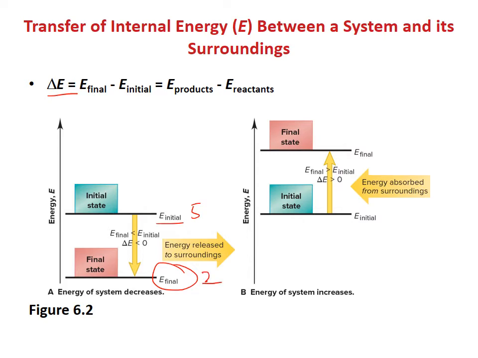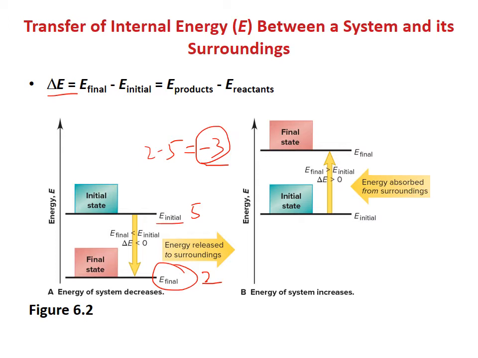When you use 2 minus 5, that gives you negative 3. So when the energy of the system decreases, the change of internal energy is negative. Where does the energy go? It goes to the surroundings. So when energy of the system decreases, the energy is released to the surroundings.